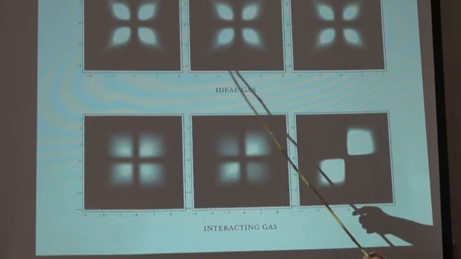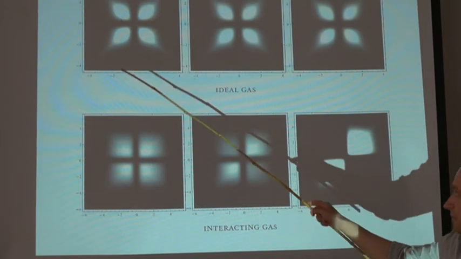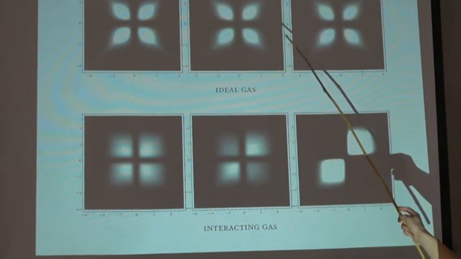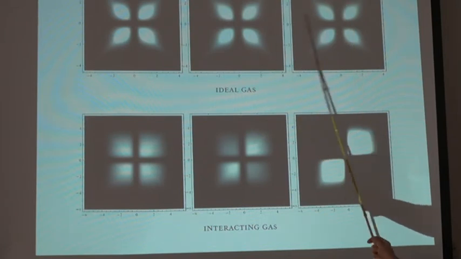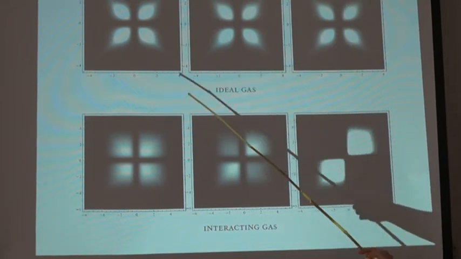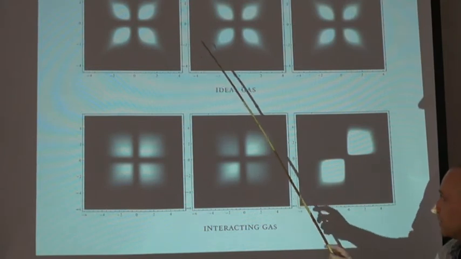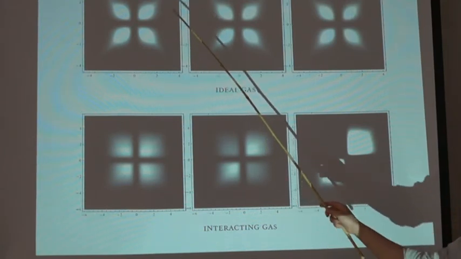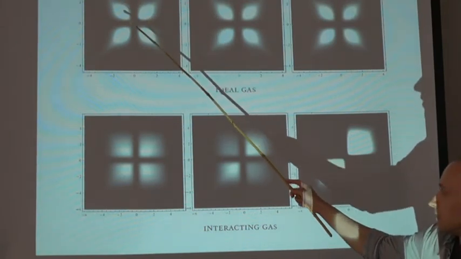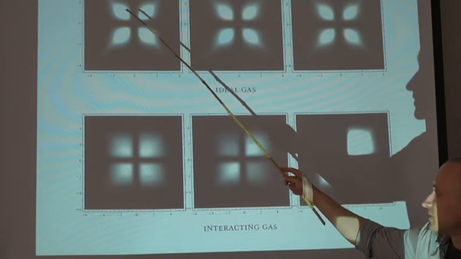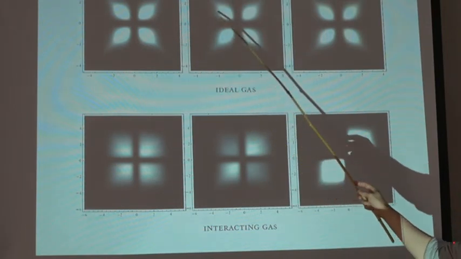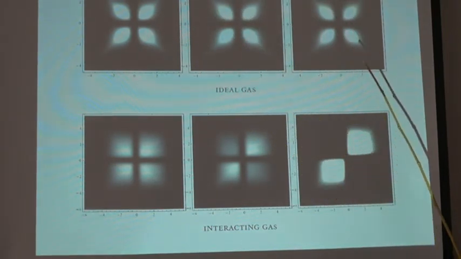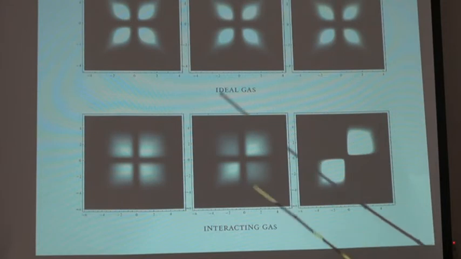So for the ideal gas, here we have 3 images of the coarse grained density matrix for 3 different, increasing averaging times. And for the ideal gas, you can see that values of the coarse grained density matrix in these off-diagonal quadrants do not decay with time. So the coherence is preserved.